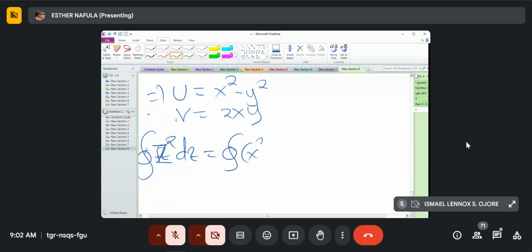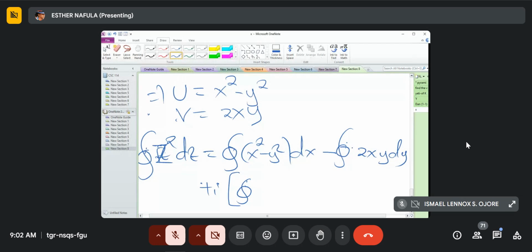Your u is x squared minus y squared dx, minus the integral of v, your v is 2xy dy, plus i times, you can open square brackets because it affects the whole integral, v dx, our v is 2xy dx, plus u dy, our u is x squared minus y squared, this is dy.